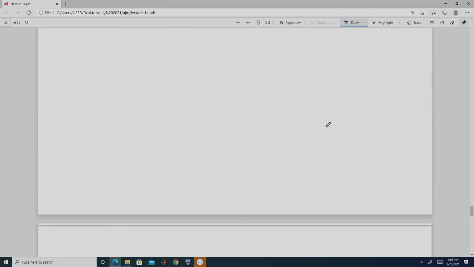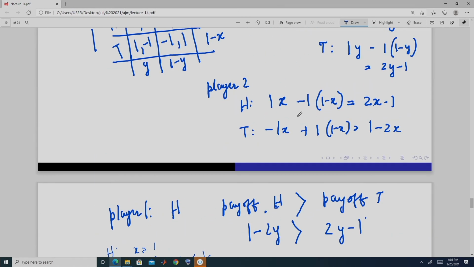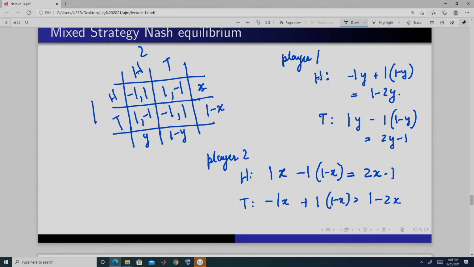Because if we are not indifferent, then we will attach the full probability to one action. So if the payoff from head is greater than from tail, that is 1 minus 2y is greater than 2y minus 1, then player 1 will always play head with full certainty, and if 2y minus 1 is greater than 1 minus 2y, then player 1 is going to play tail with full certainty.